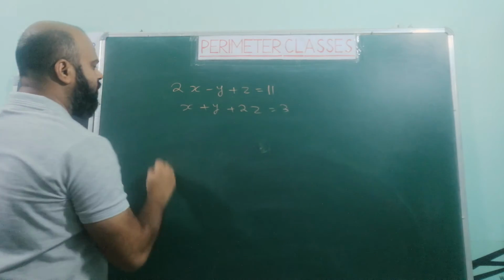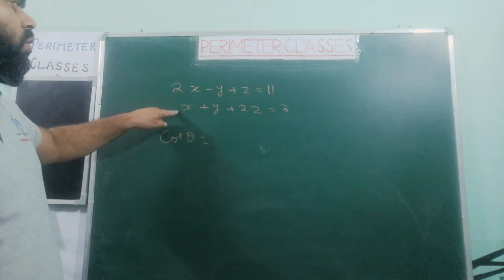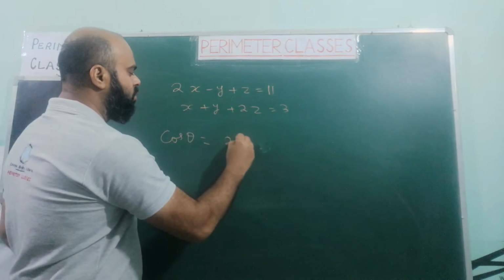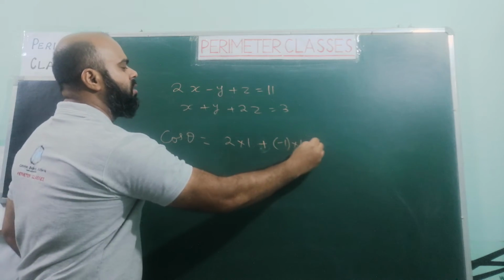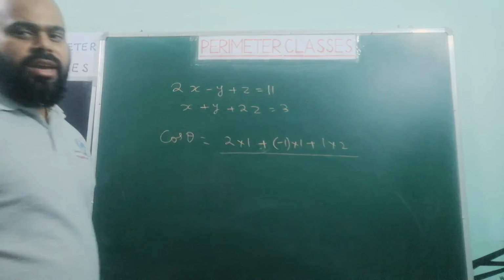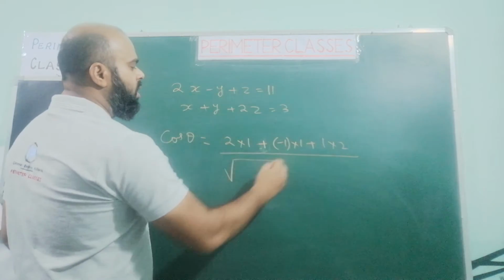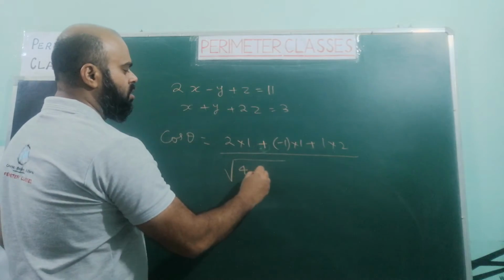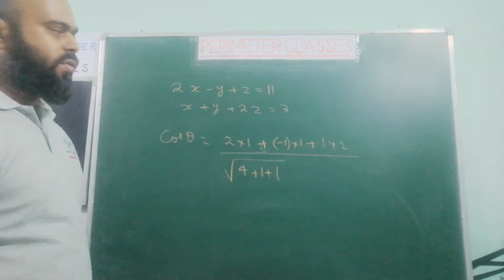So if we find the angle between these planes, cos theta, a1 is 2 and a2 is 1, so 2 into 1, plus b1 is minus 1 and b2 is 1, plus c1 is 1 and c2 is 2. So a1 a2 plus b1 b2 plus c1 c2 by root over a1 square is 4, b1 square will be 1 and c1 square will also be 1.